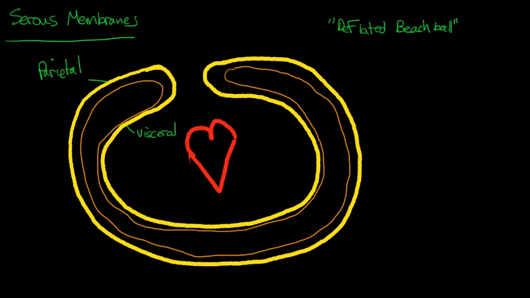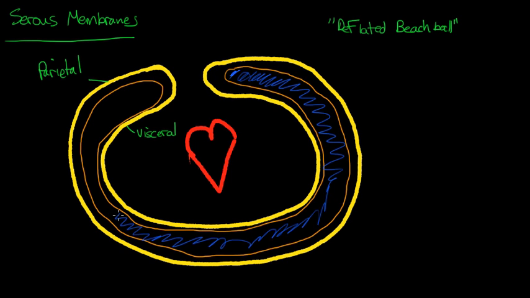So in between our visceral and parietal layers is something referred to as serous fluid, which I think is a fantastic name for it, because all you have to remember is it's the fluid found within the serous membrane, and you're going to remember it's serous fluid. So now we've got connective tissue, epithelium, serous fluid, epithelium, and connective tissue.